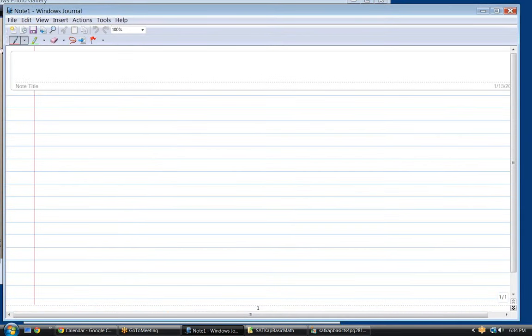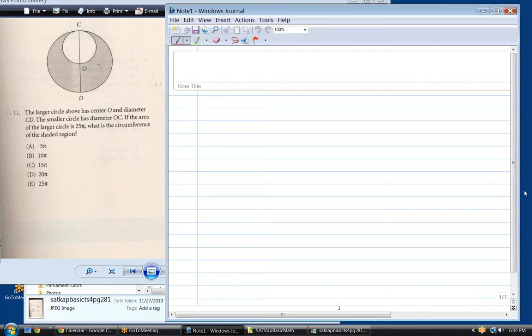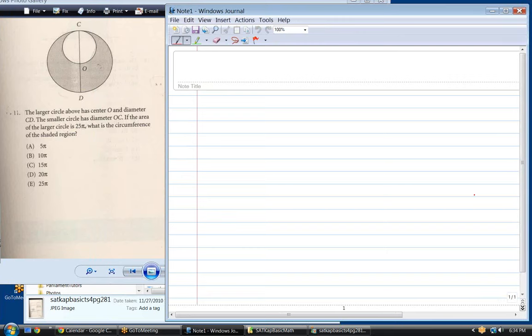How are we going to do this problem? The area of a circle, pi r squared. I could back solve maybe for the radius? No, conceptually, how are we going to do it? Shaded region problems are always what?